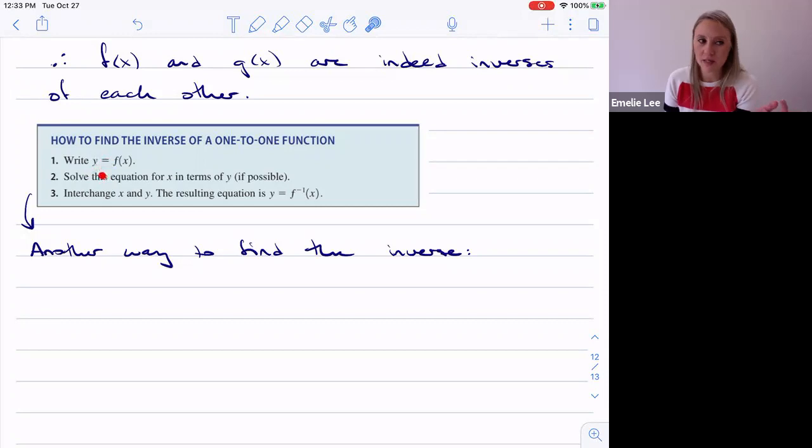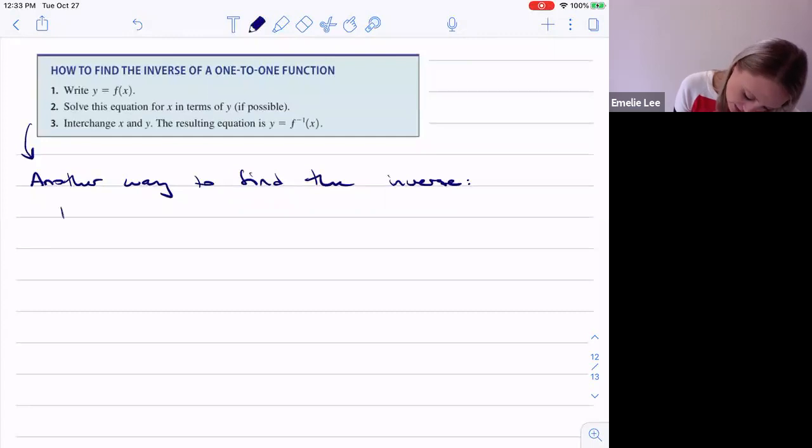Okay, y is equal to f of x, so it's not that big of a stretch. Solve this equation for x in terms of y. Now here's where I don't actually like to do that. So here, I swap out my x's and y's and then I solve for y. Very similar though, you're going to solve for x in terms of y, and then you're going to interchange x and y. And then the resulting equation is y equals f inverse of x.